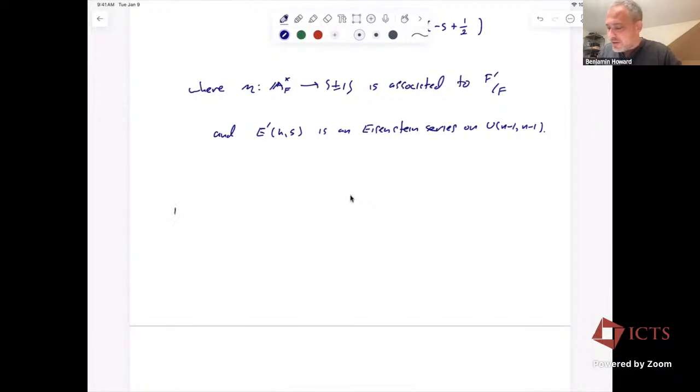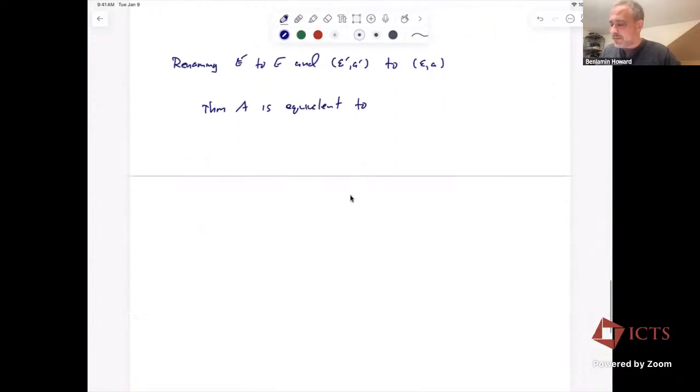So now renaming E prime to E and E prime A prime to EA, theorem A is equivalent to theorem B, which is the thing that all the hard work goes into proving.